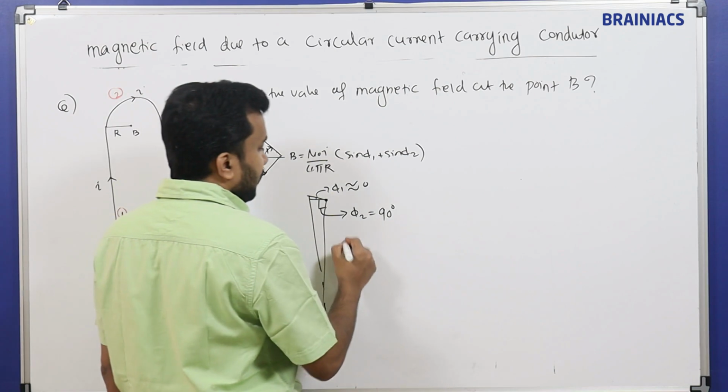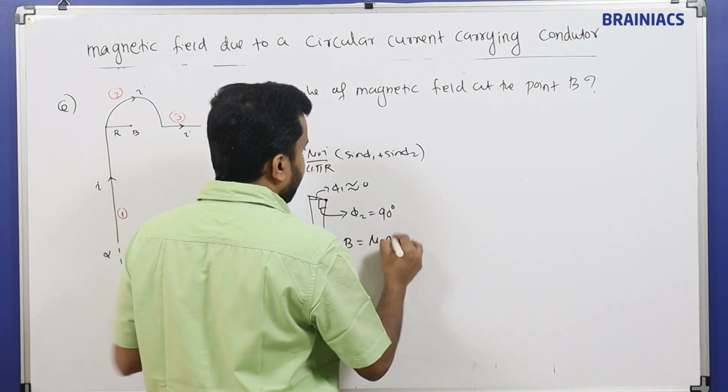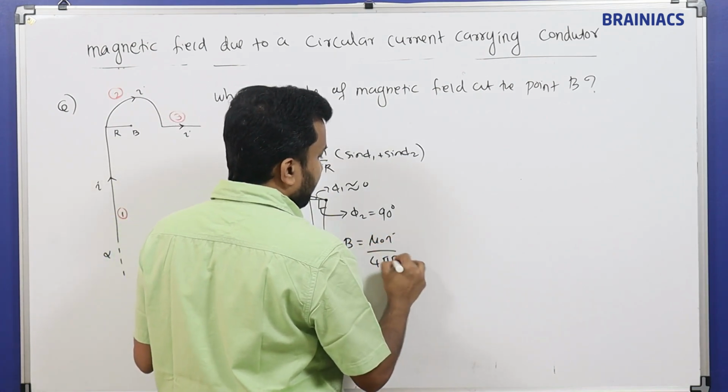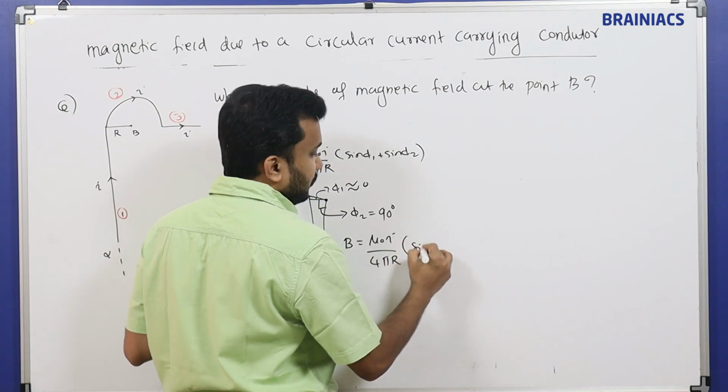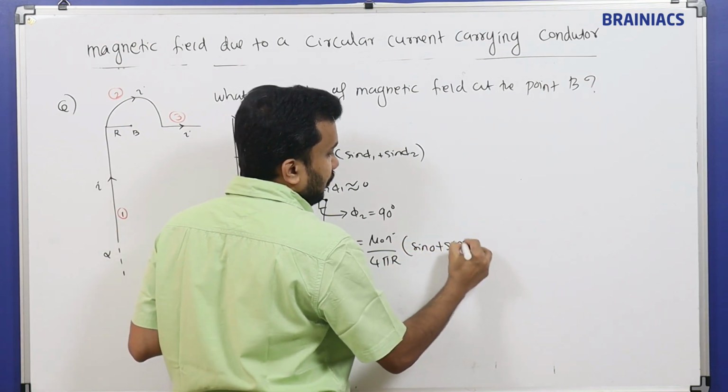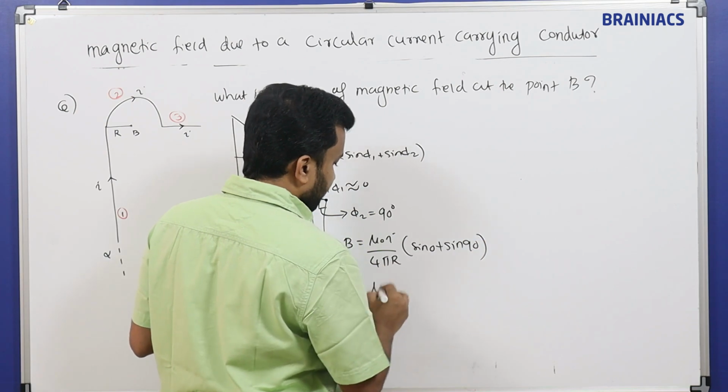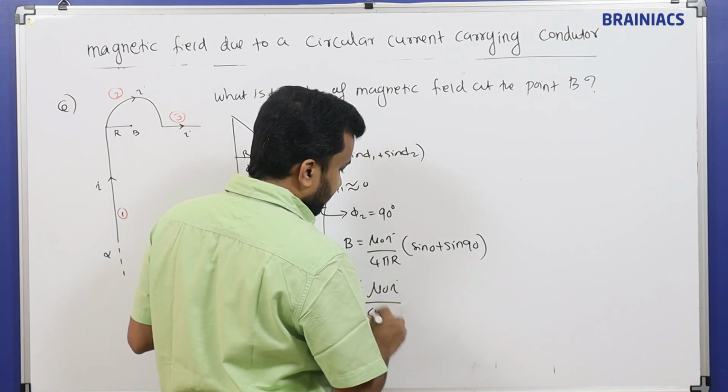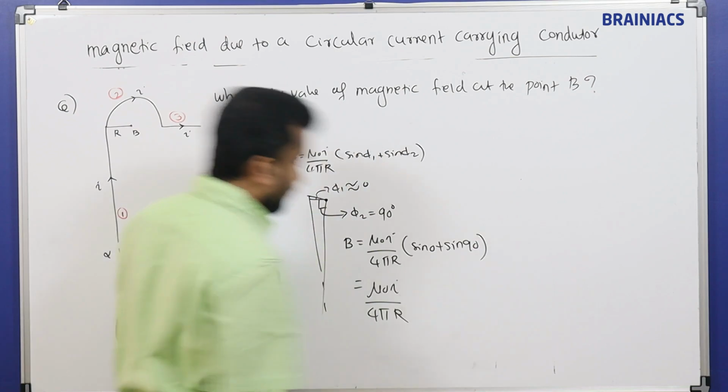In that case, B equals mu 0 I divided by 4 pi r into (sine 0 plus sine 90). So we will get mu 0 I divided by 4 pi r.